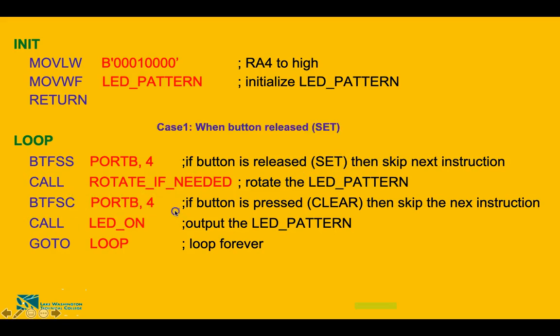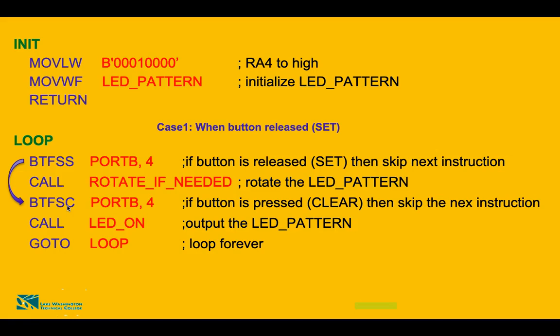So case 1, when the button is released or set, in that case it will skip this instruction and will go to this BTFSC, and it's going to do again bit test on port B. This time it's going to see whether the button is pressed or not.